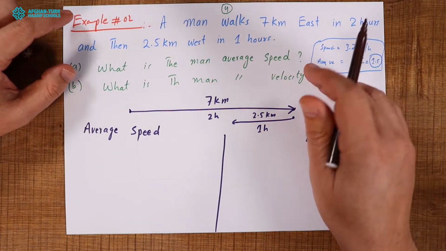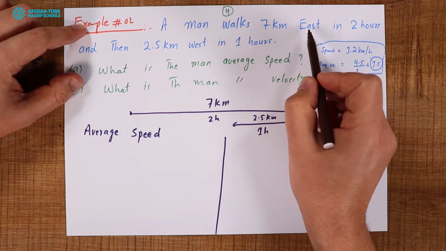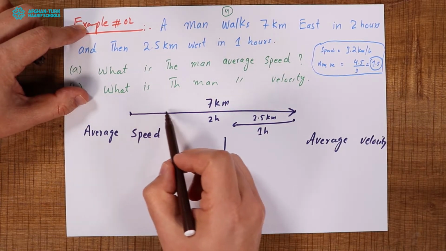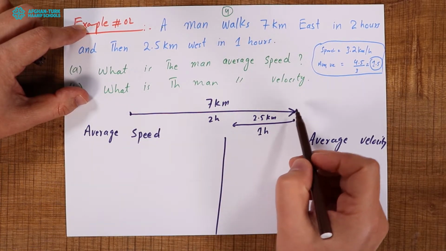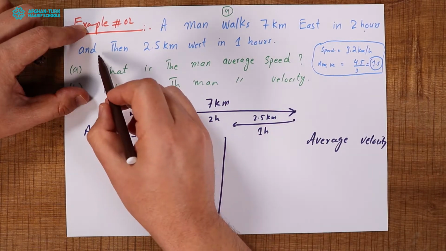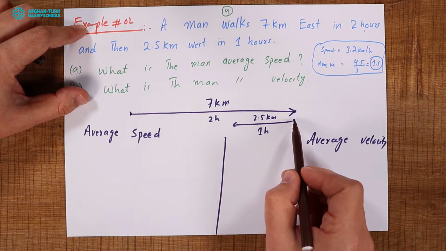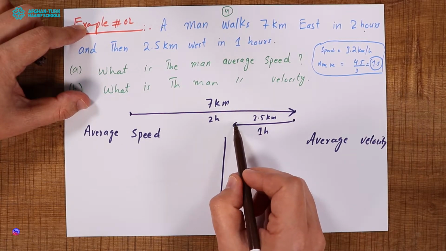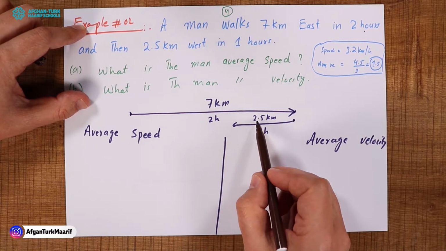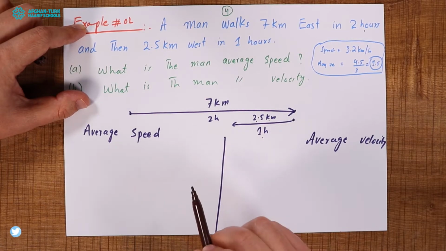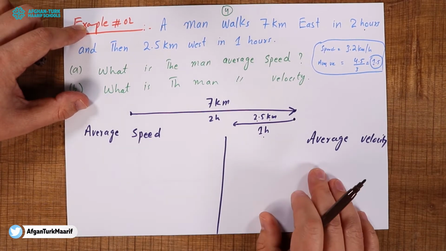In this example, a man walks 7 kilometers toward east for 2 hours, and then 2.5 kilometers. He stopped here and then he turned back, and he covered 2.5 kilometers in 1 hour. So how can we solve this?